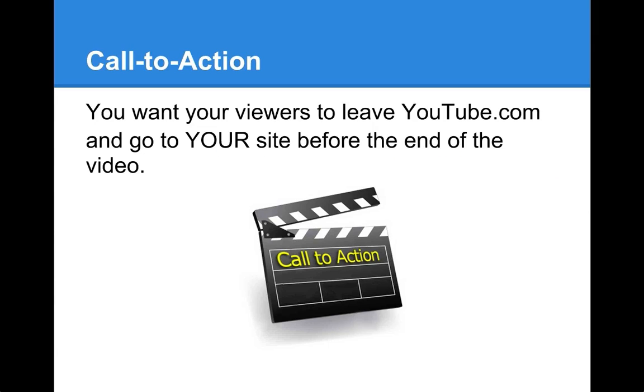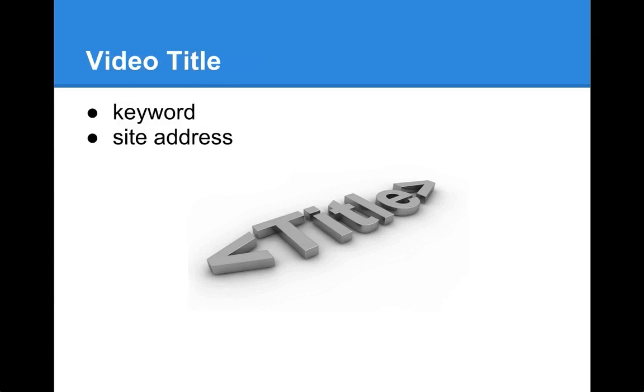Okay. On to the next slide. As a rule of thumb, your video title should contain the actual name of your video and your site URL in the very end. You want to do that so that people know who created the video and where they need to go if they want more. What's more, you also need to make sure that the title of your video contains your keyword.